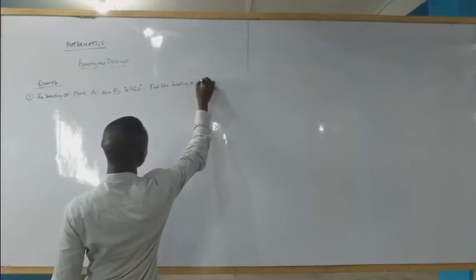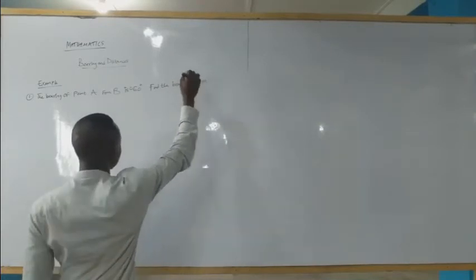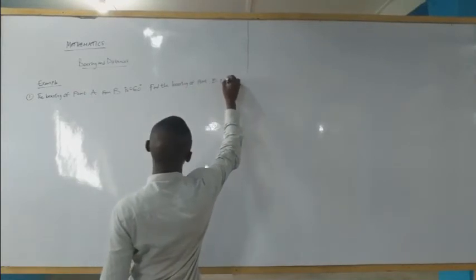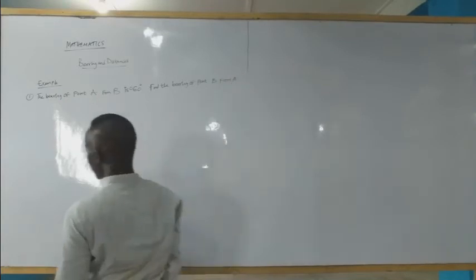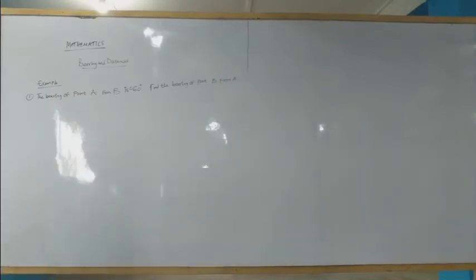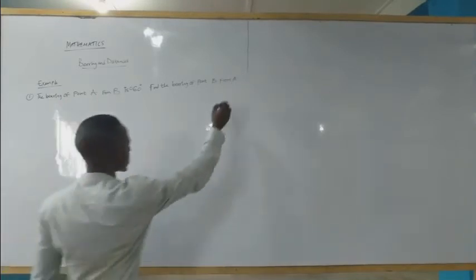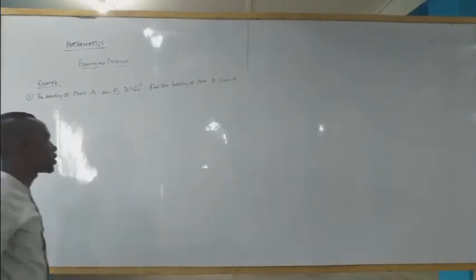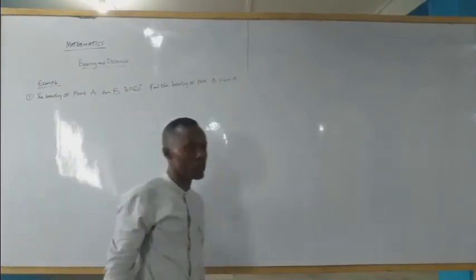Find the bearing of point B from A. How do we get this? Say the bearing of point A from B is 060. Find the bearing of point B from A.